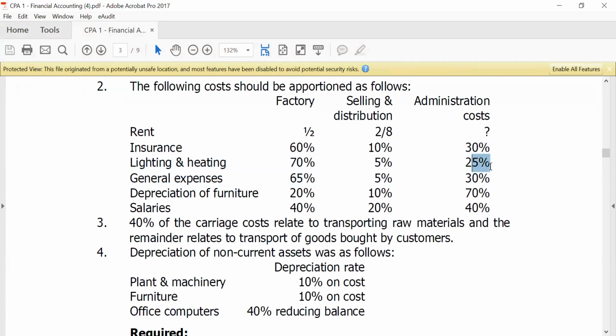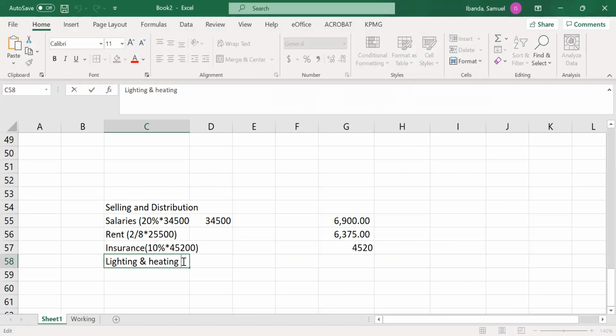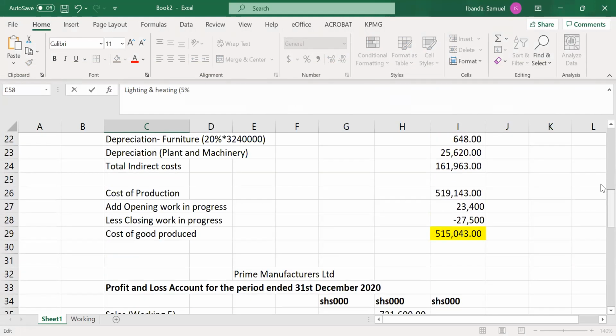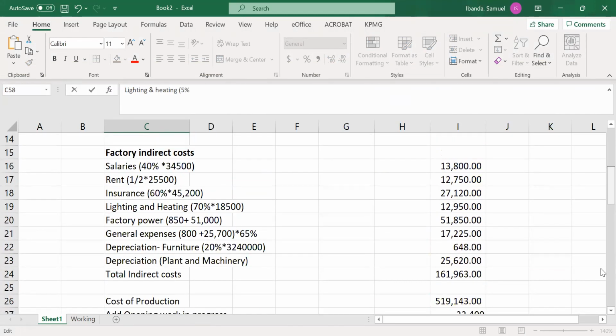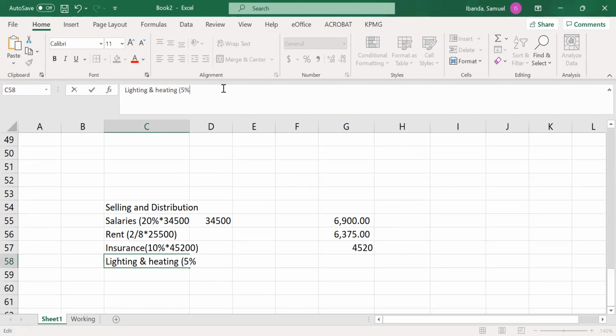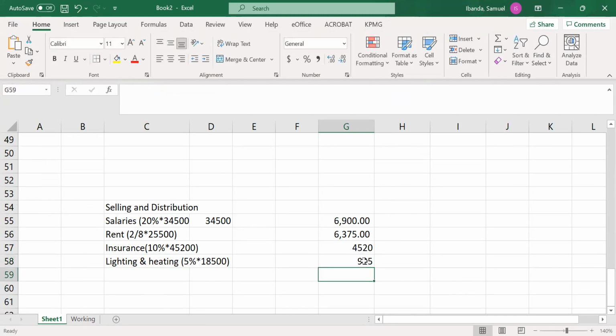So administration is 25% and the other is 5%. Selling and distribution is 5% of 18,500. You should be able to get the value here. You get 925.